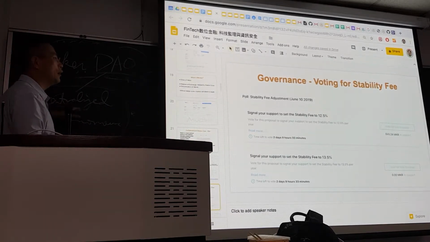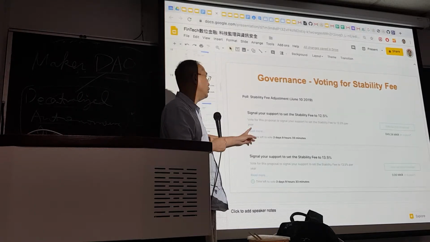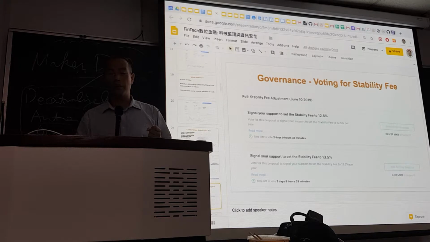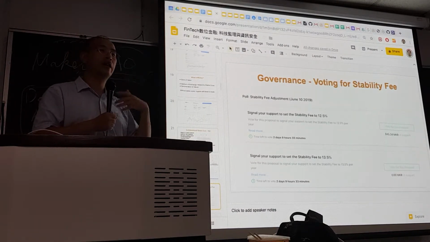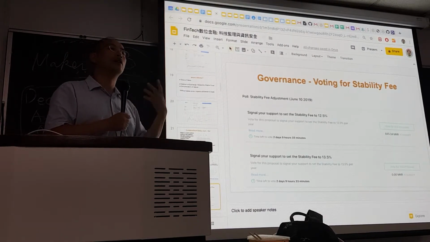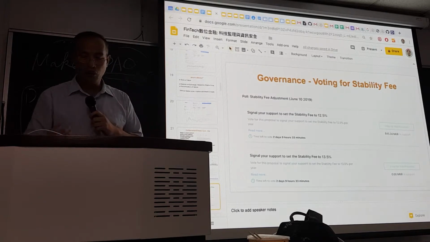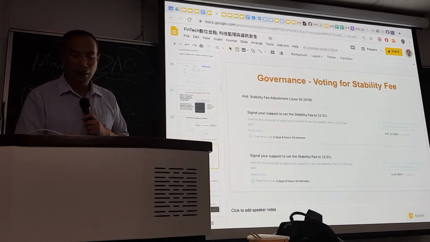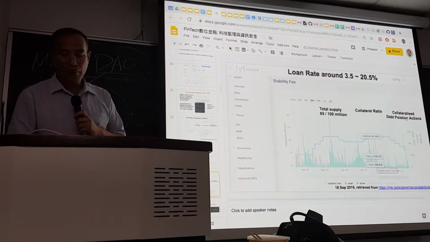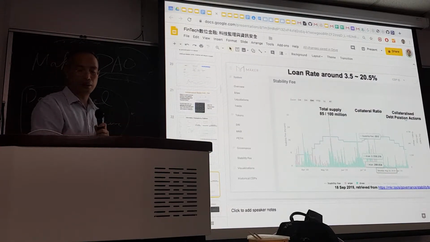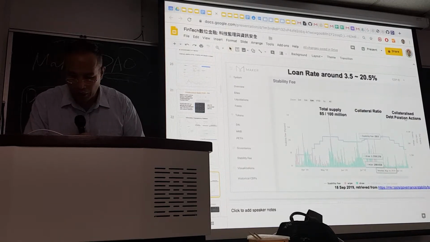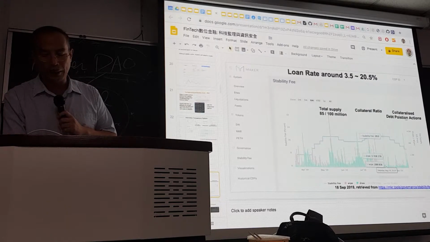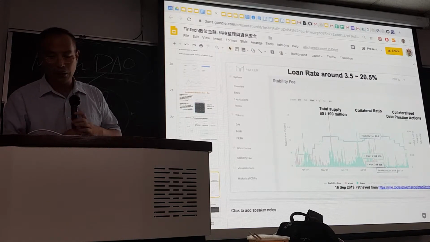It's using people's votes, like should it be 12% or 13%? If you have more Maker, then your voting power is larger. So Maker ownership will help determine this. And these are the loan rates, around 3.5% to 20.5%. So it's a characterized state position.